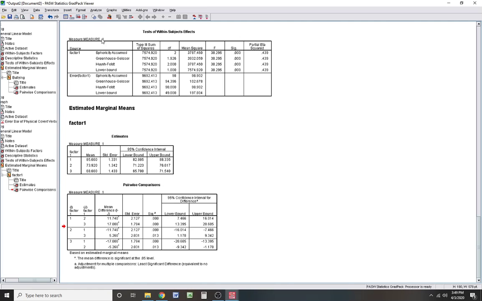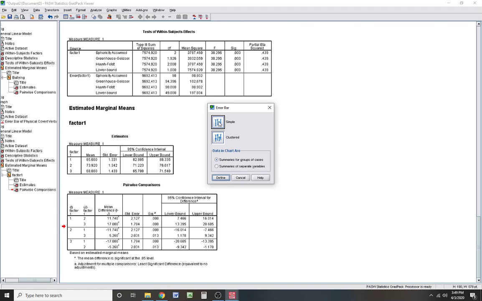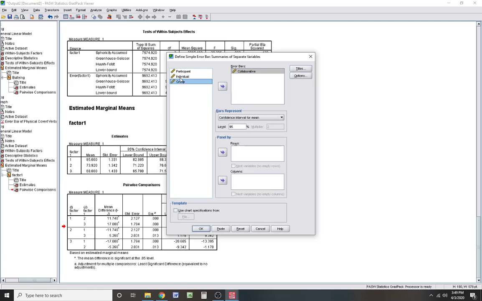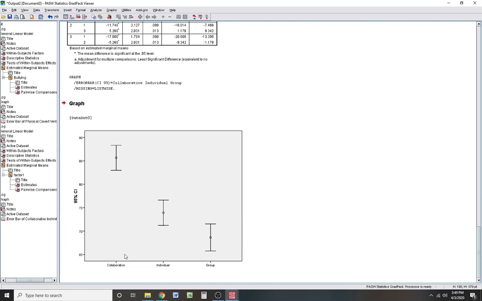Now if we wanted to look at a graph for that, again, legacy dialogues, you could do a bar, but I like the error bar. Again, we want simple summaries of separate variables. We put in our 3 things here, say OK, and here's our pretty picture. And this just shows you that people who did the collaborative scored much higher on the test than those who did individual and those who did the group.